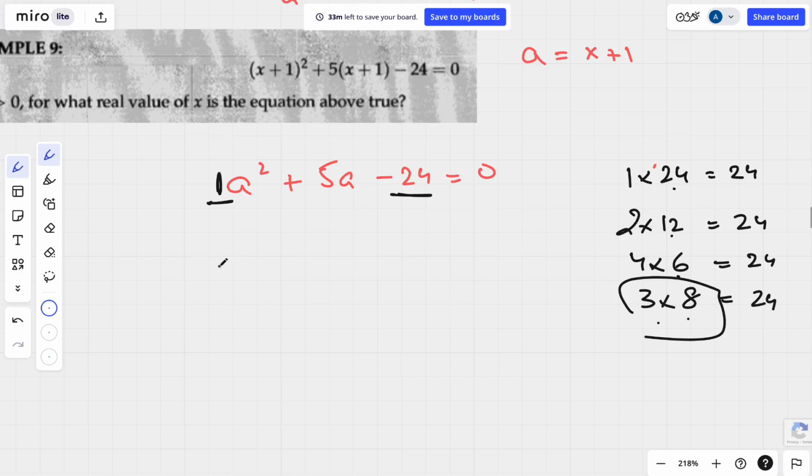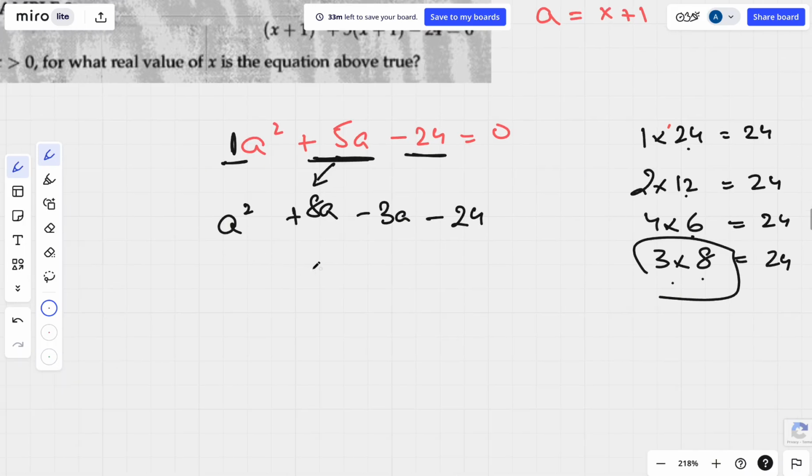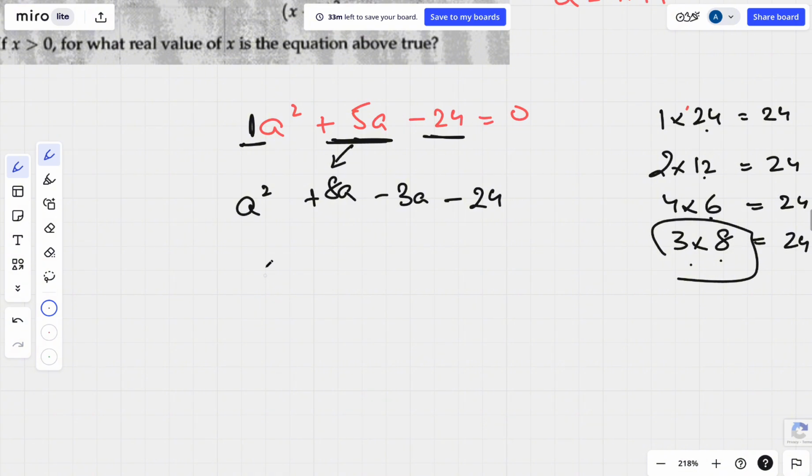So we can write this as a squared and minus 24. We're basically breaking up plus 5a. So plus 5a becomes plus 8a and minus 3a, because we're using these two numbers. Now we have a squared plus 8a minus 3a minus 24 equals 0.